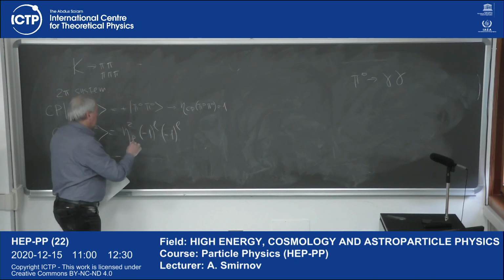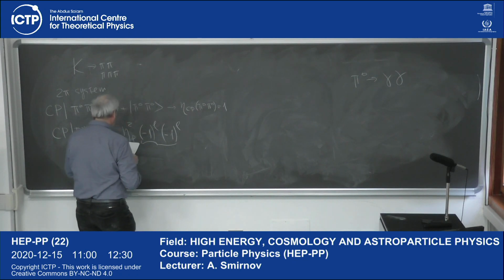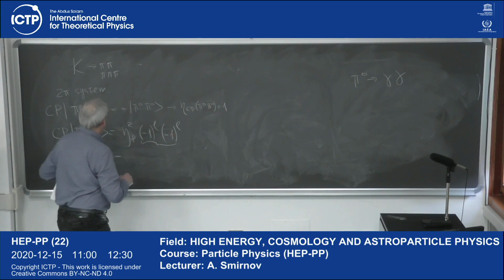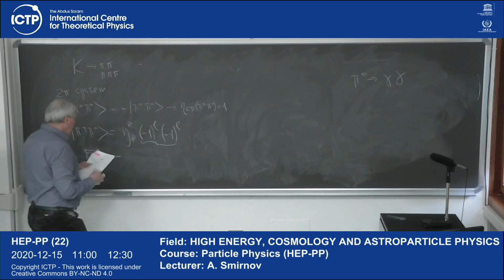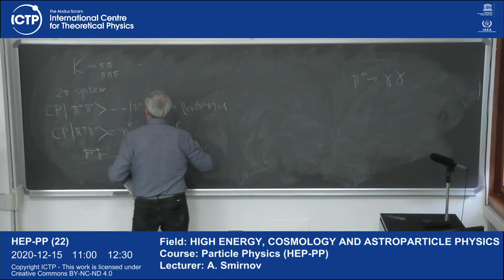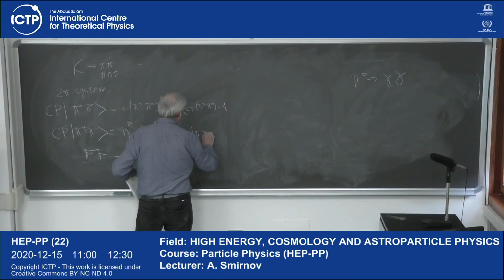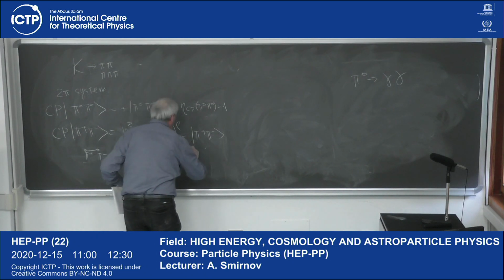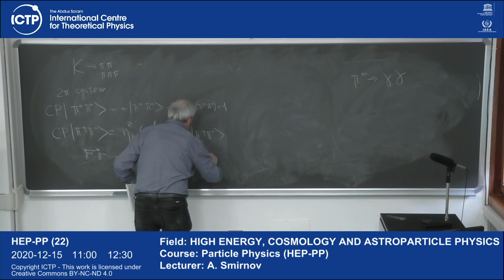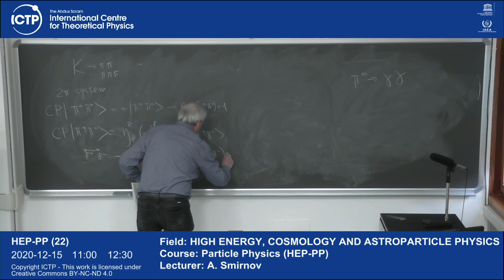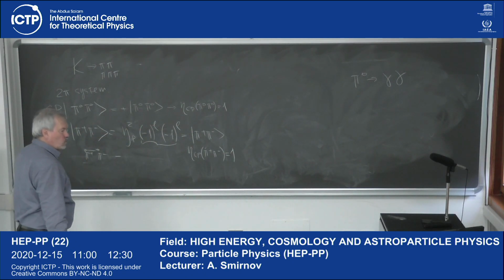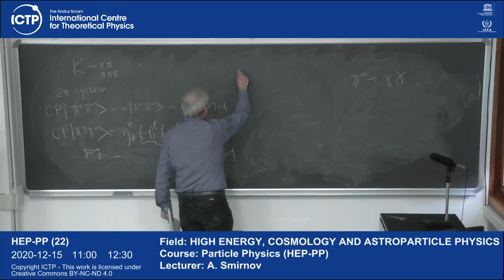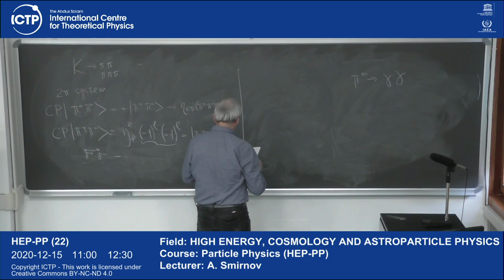But L is 0 anyway, so that gives us 1 anyway. And then C parities we do not introduce. We introduce the C parity of this state. Bottom line, that gives us pi plus, pi minus. And therefore again, the CP parity of 2 pions, pi plus, pi minus, is 1. Now let us consider the 3 pion system.